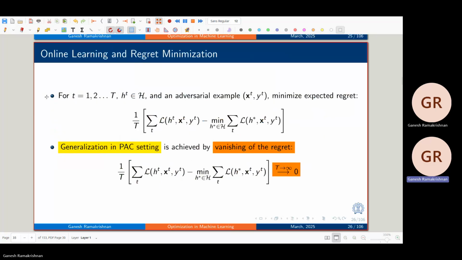Now, in such a setting, if I have an adversarial example, xt, yt, why do I call it an adversarial example? Imagine I had a surprise quiz today. My class becomes an adversarial class because people who didn't attend today are going to suffer.